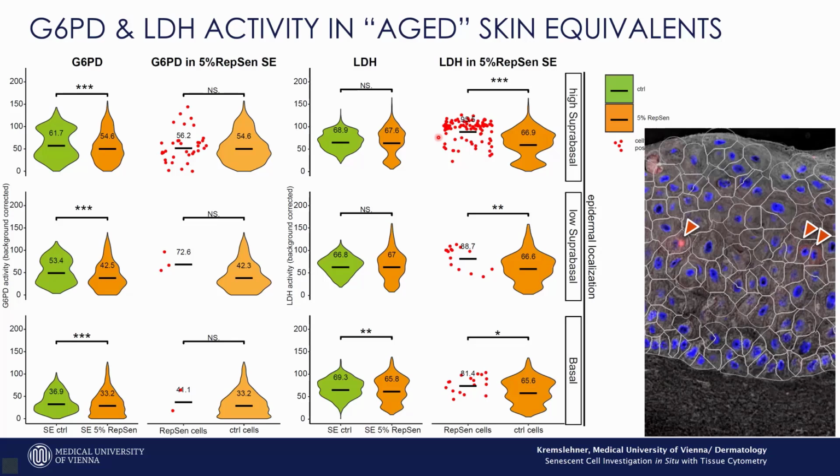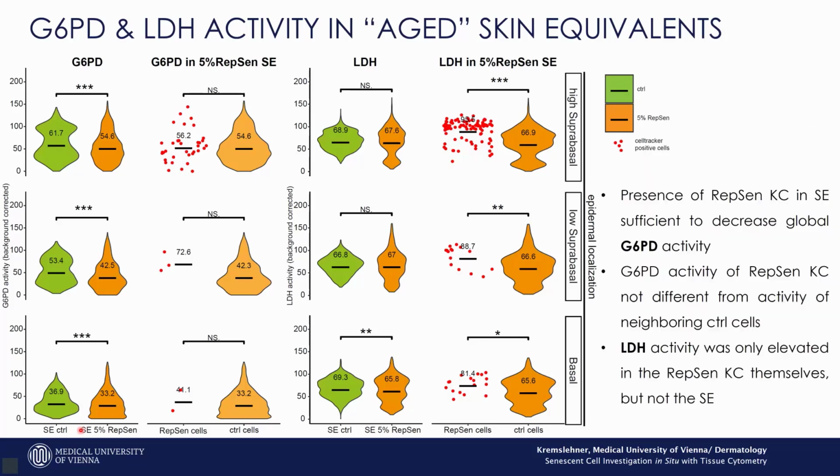So this could indicate that the increase of LDH is directly linked to the senescence processes within the cells, while the global reduction of G6PD activity may be propagated by some sort of bystander effect of the senescent cells.